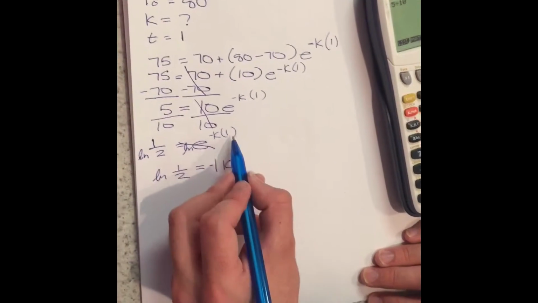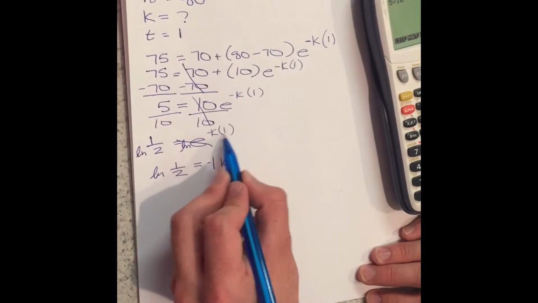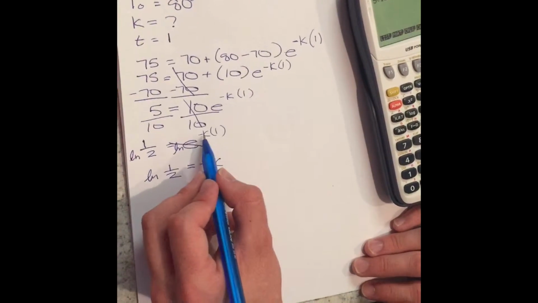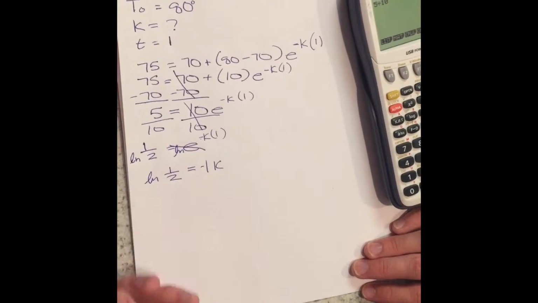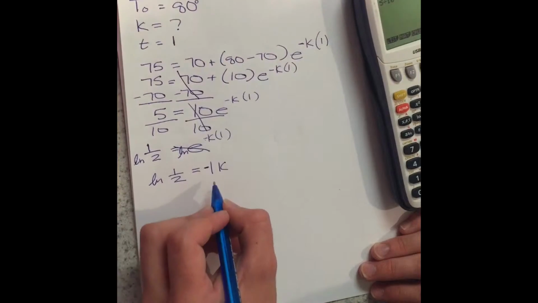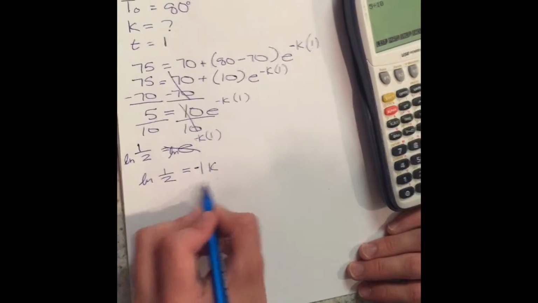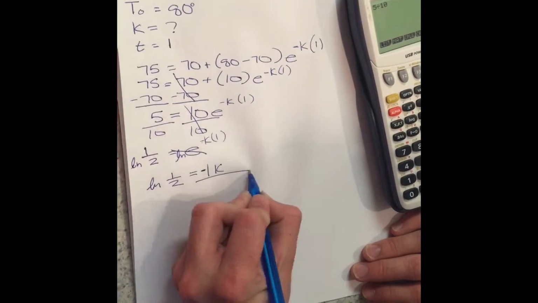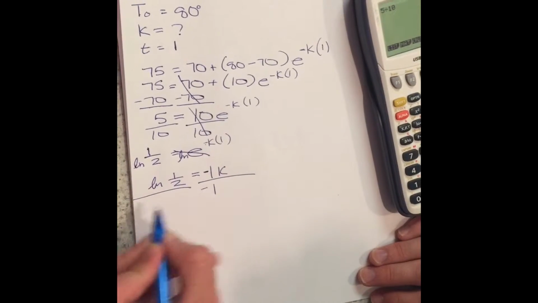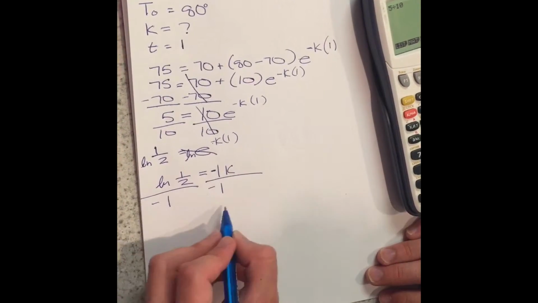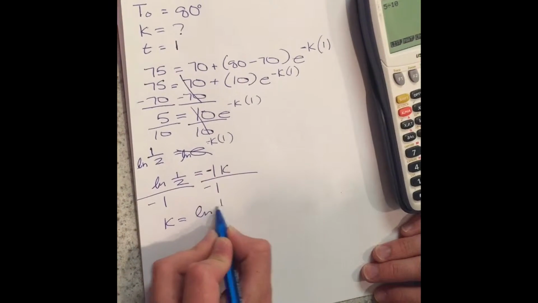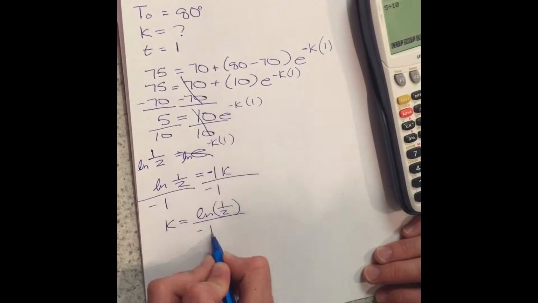And all I did here was just multiply these terms together, which was the negative k and the 1, which just leaves you with negative 1k. You want to get k by itself, so you're going to divide by negative 1. And so then you're left with k equals ln divided by negative 1.